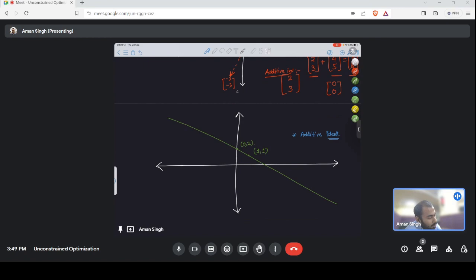Also, if we define addition, let's say this is the first vector and this is the second vector. What is their addition?